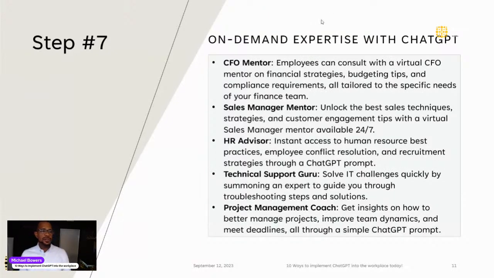When it comes to the expertise, that's what I was talking about: the sales mentor, the CFO mentor, the HR advisor, the tech support guru, the project management coach. There's learning, and then there's conjuring up expertise. I often go back and forth on the two of them because they kind of play off of each other, even though learning is one thing and mentorship is another.